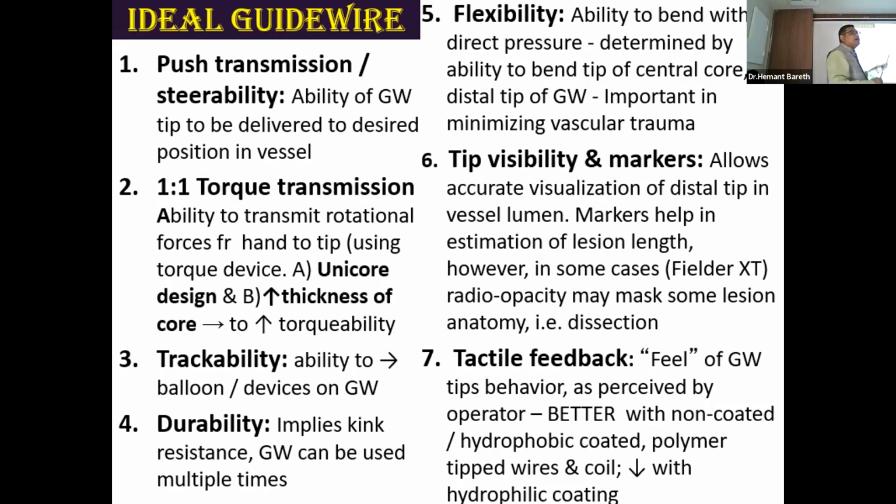For example, Filter XT can be 120. The radio opaque portion of the wire is also very important, because that helps you see the tip very nicely inside the vessel. That is the purpose of the radio opacity. You can see the wire going inside the vessel wherever it is crossing the lesion. Also, you can size your devices based on that length. So if it is 30 mm, you can size your devices based on that radio opaque length. So that is one of the benefits of having a visible tip.